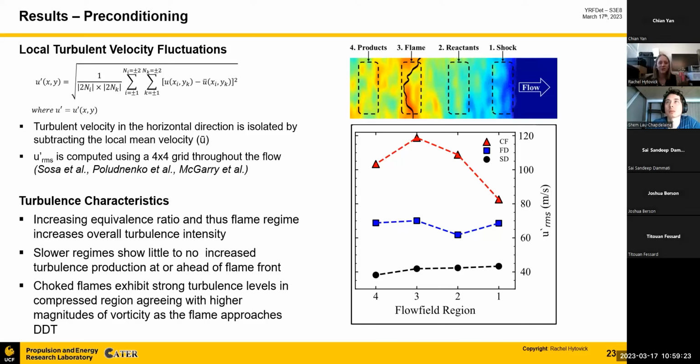Obviously Schlieren is a little more qualitative, so I say that with a grain of salt, but our chemiluminescence matches very well, and we don't really see any difference in intensity or in flame structure or in velocity or anything like that. Because our particles are so small, likely we are capturing the actual flow field and we're not getting a ton of drag effects.